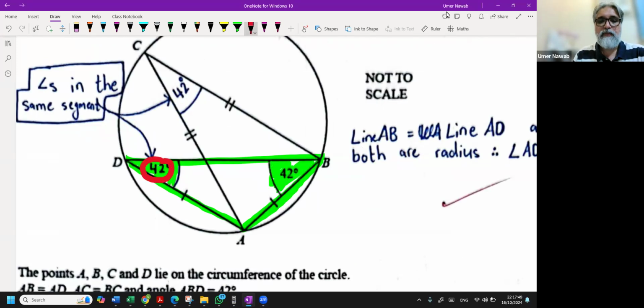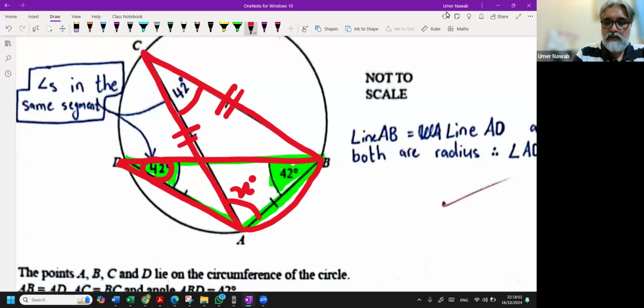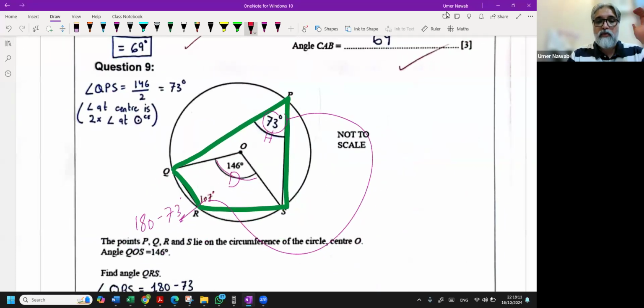I found it. Then angle in the same segment, if this is 42, I can get this angle also 42. Now, since these two sides are equal, this is x and this is x, I can easily find the values of x, which is very simple. Let's do the question number 9.